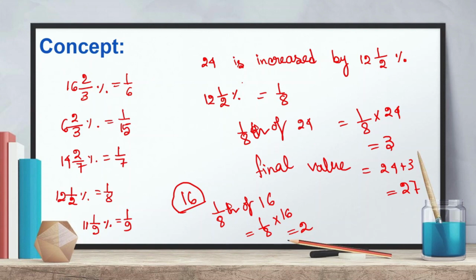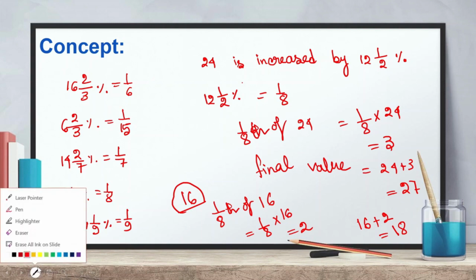So if the original number is 16 and it is increased by 12 1/2 percentage, the increment is 2. And what is the final value? Final value is 16 plus 2, that is equal to 18.